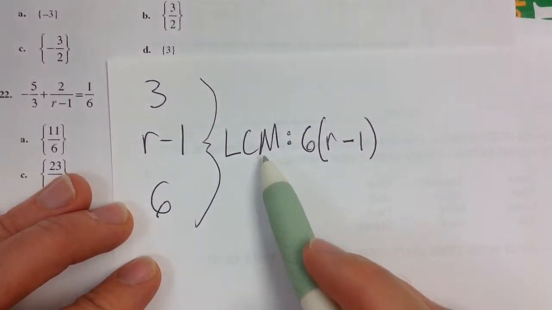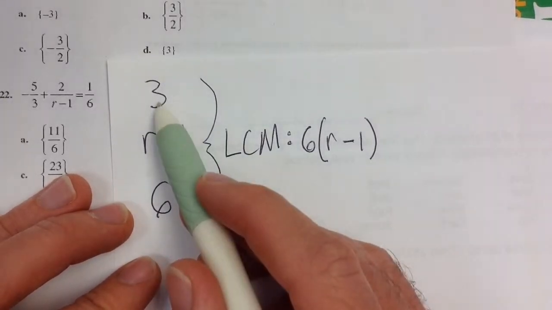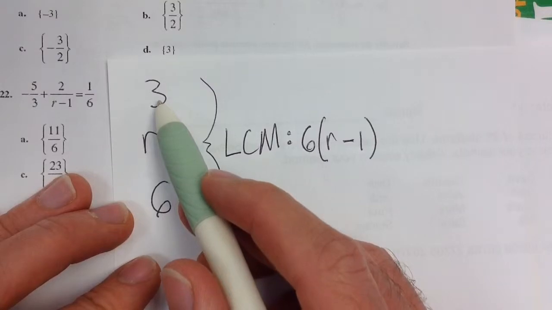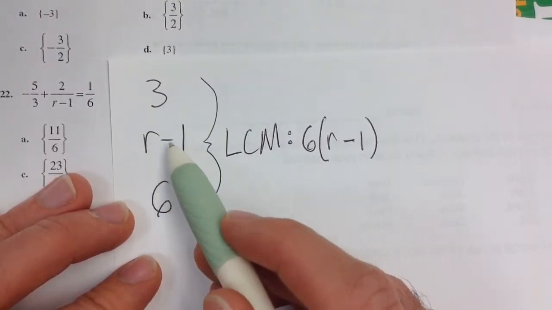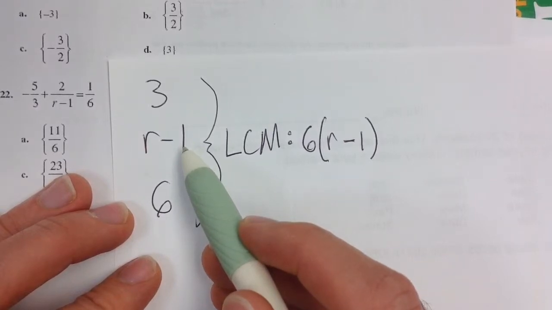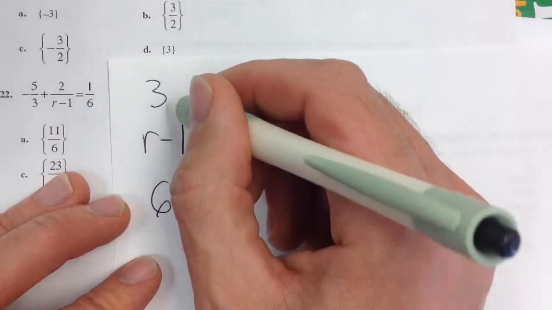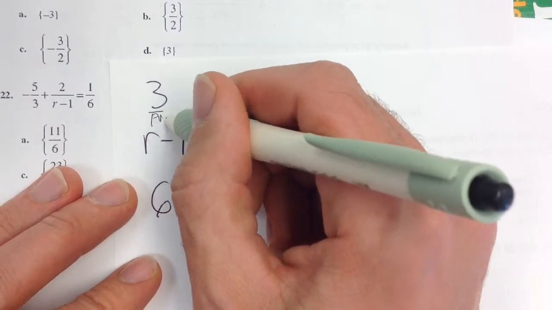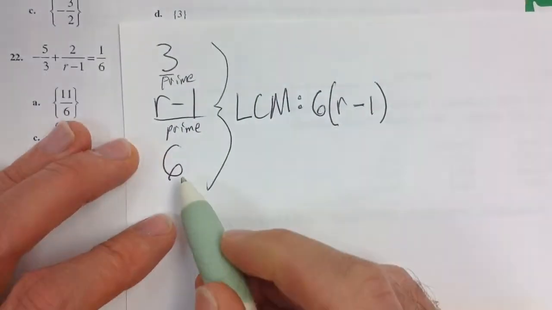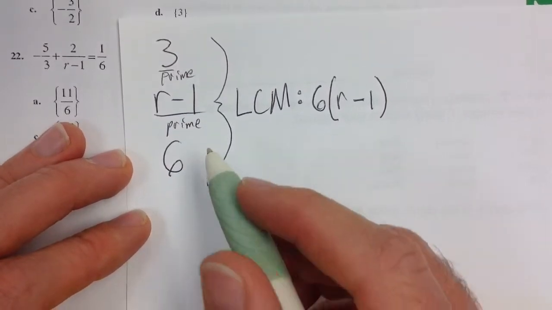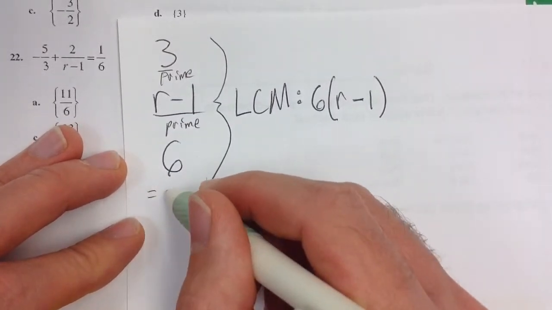Your least common multiple or least common denominator has to include all the prime factors. Is 3 a prime number? Yes. So it's already a prime factor. Can r minus 1 be factored? No. Okay. Prime. Is 6 a prime number? No. What is it the same as?